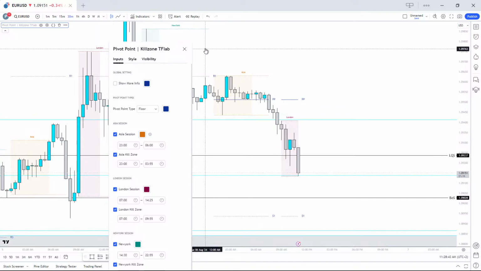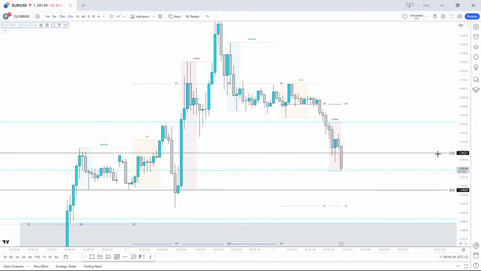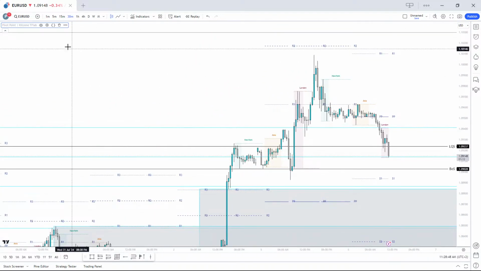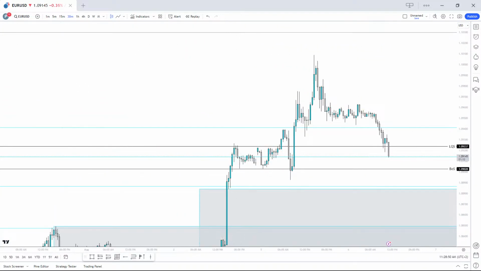Doesn't make any sense. Alright, so I'm not going to mess around with this indicator. It's not practical, honestly. Let's move on to the next one.